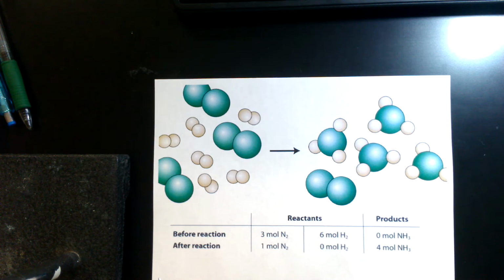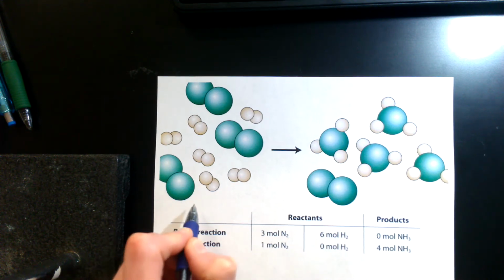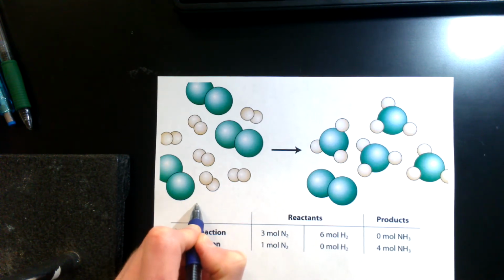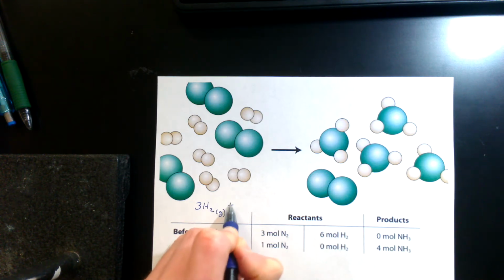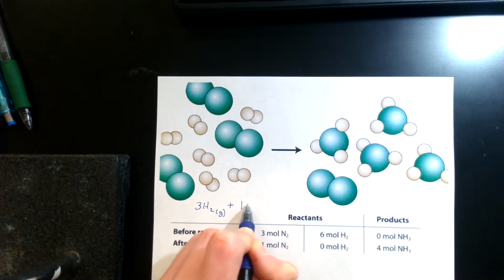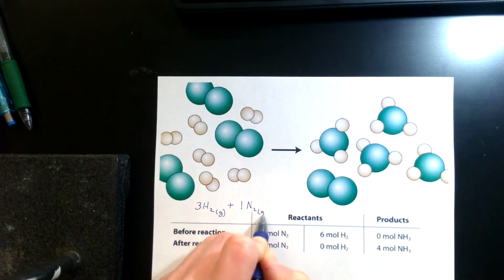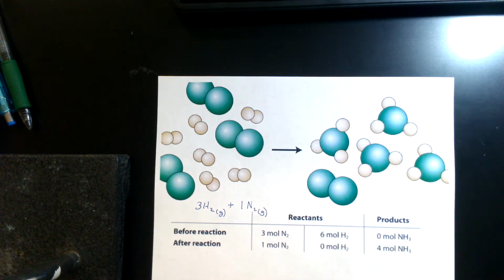Now, we know that this reaction occurs in a 3 hydrogen to 1 nitrogen gas ratio. So we have to have 3 to 1. That's what we have to have for this to work without any leftovers, without any excess reactants, and not having a limiting reactant.